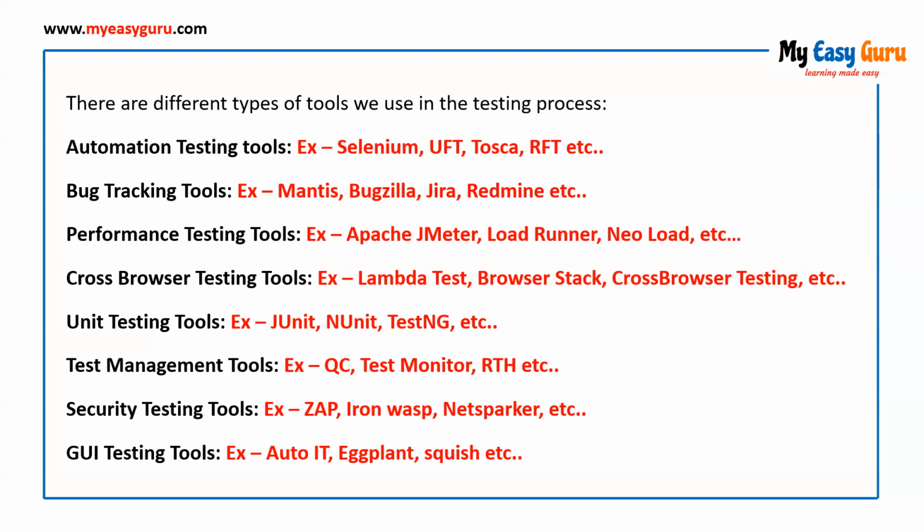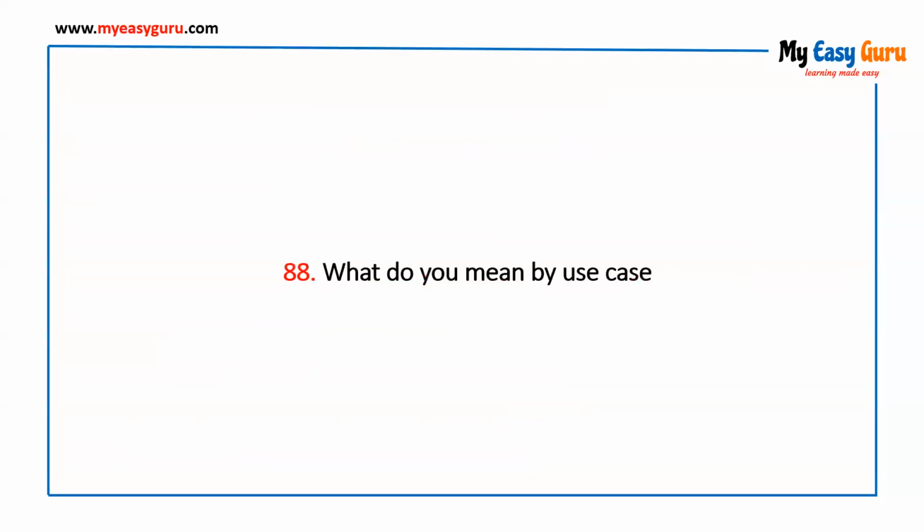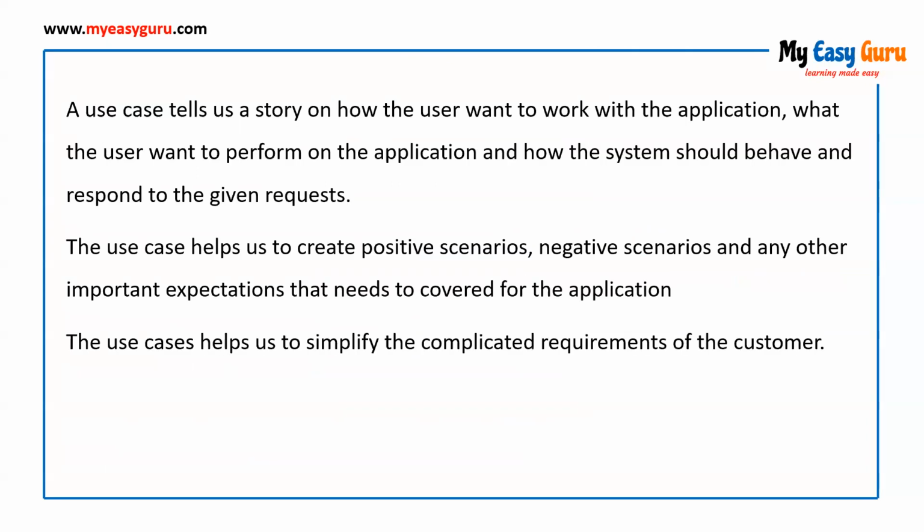Now let's move forward to the next question. What do you mean by use case? A use case tells us a story on how the user wants to work with the application, what the user wants to perform on the application, and how the system should behave and respond to the given request.